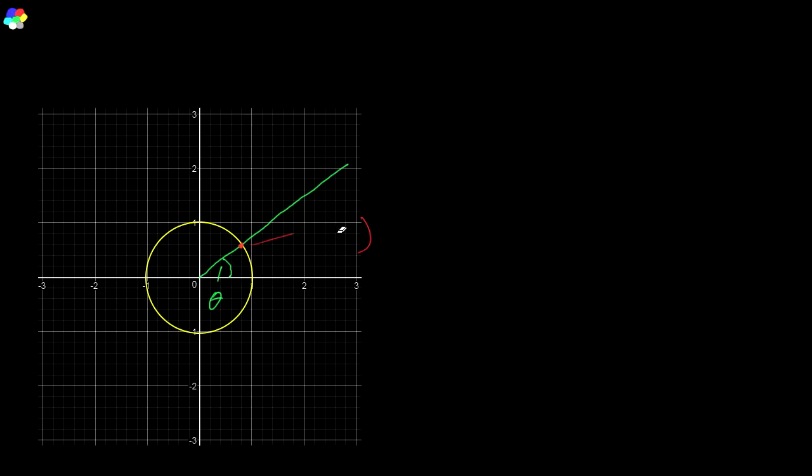The answer to this burning question is the x is cos theta and the y is sine theta. That is the meaning of cos theta and sine theta. They give you the x and the y coordinates of a point on the unit circle corresponding to some angle.